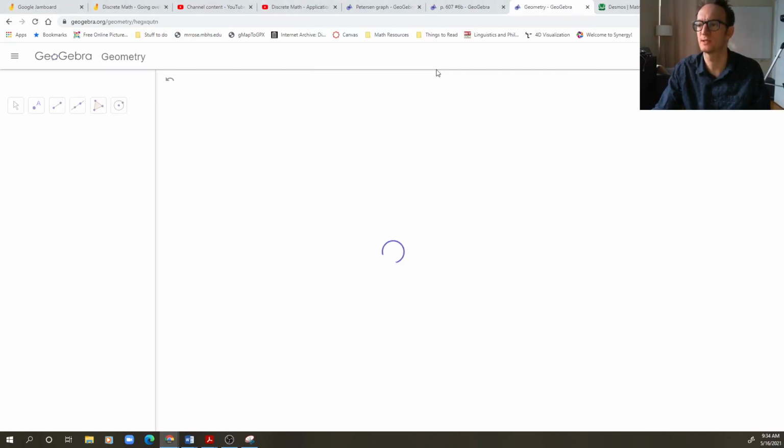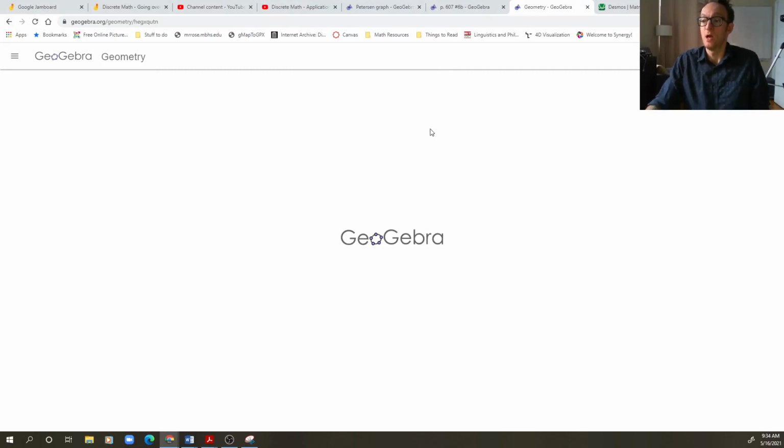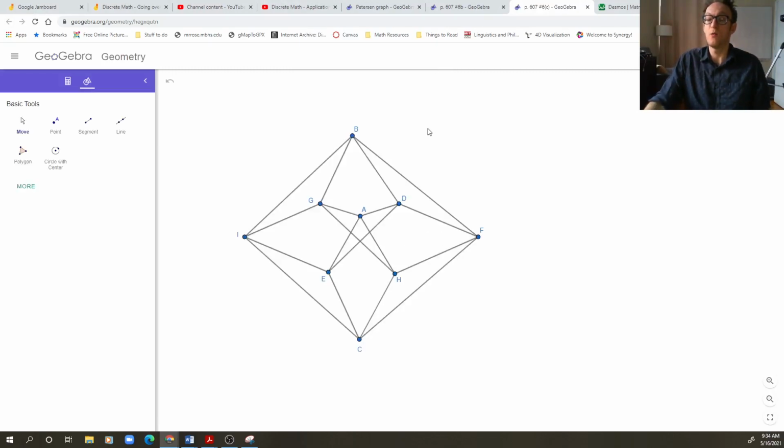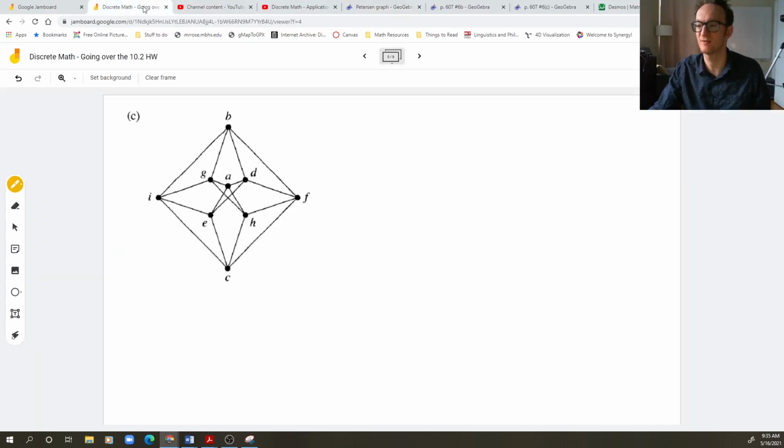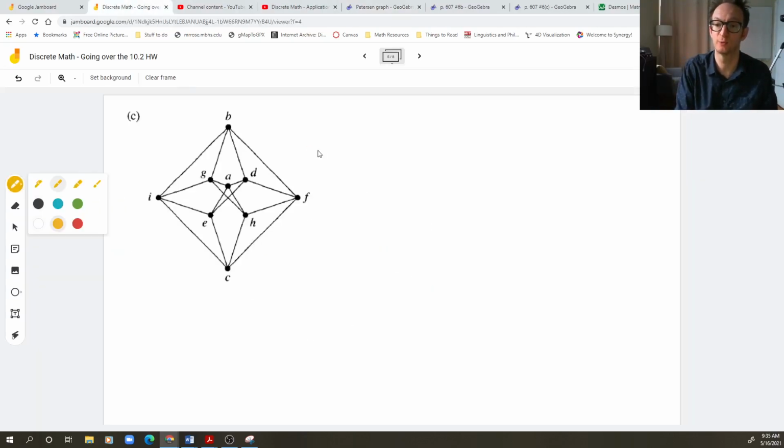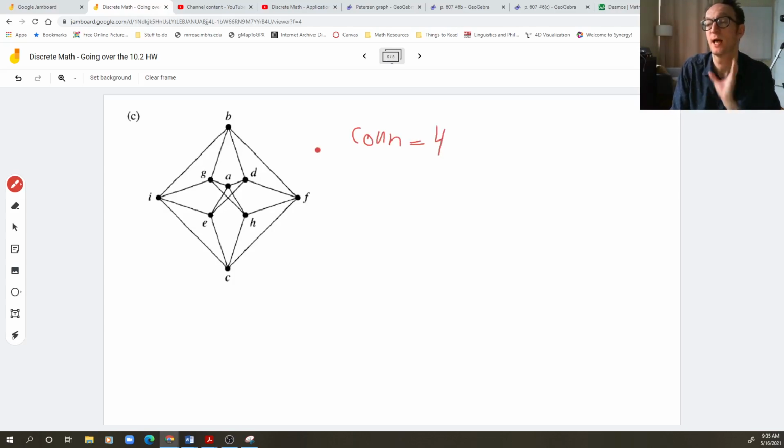So this is the graph. What is the connectivity in this graph? It's just 4 across the board. I'm not 100% positive, but I think that is just true. Here, the connectivity is 4 because in order to disconnect this graph, we really do have to delete 4 vertices.